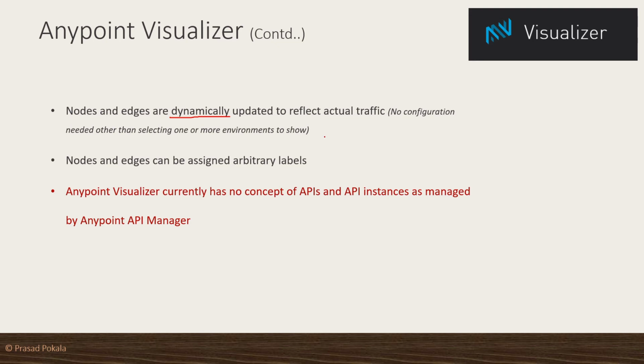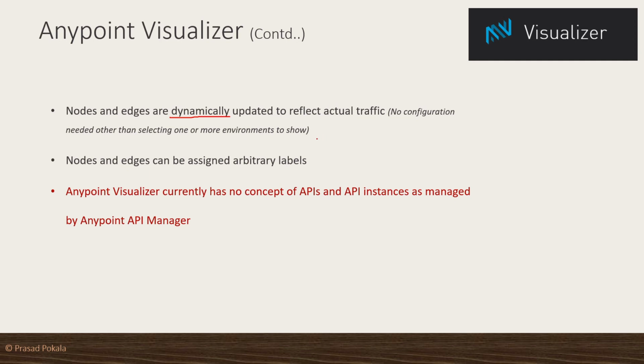So this is not something you have to draw and link at design time. For example, if a new Mule application is deployed on the fly and it starts using a particular Salesforce connector, then immediately the graph will update itself to show that there is a new node on the diagram and it is talking to Salesforce.